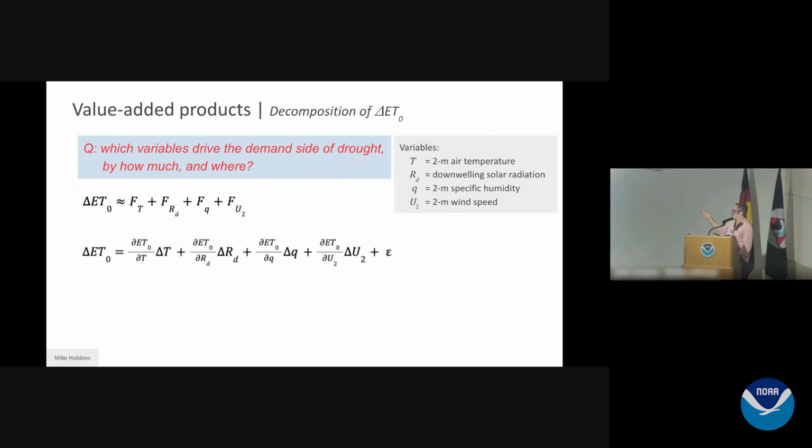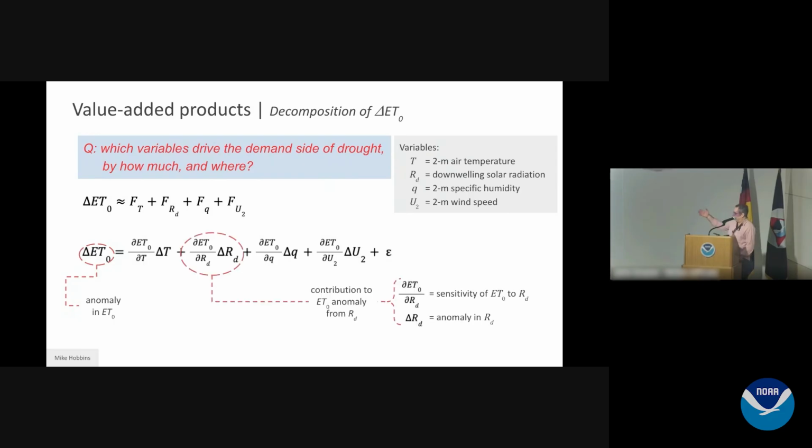F of T just represents the contribution from an anomaly in temperature. Say F of U2 then is the contribution from the anomaly in wind speed. But more exact, the driving equation is at the bottom, where each of those terms is expanded out. And here's the anomaly in evaporative demand, and here's the term for the contribution from solar radiation.